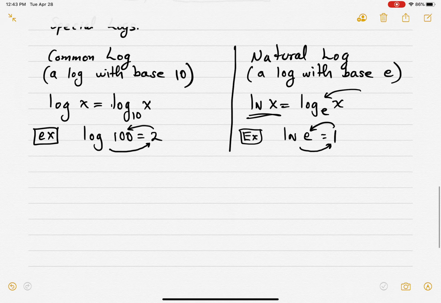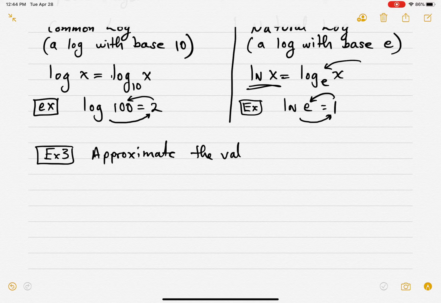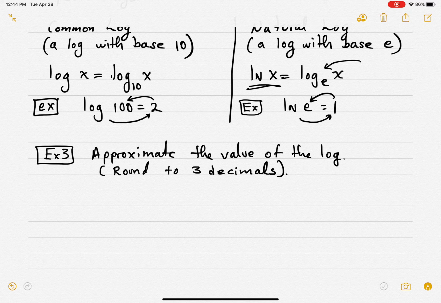Now, if we need to evaluate or approximate, I believe this is example 3. Let's go ahead and approximate the value of the log. We're going to round to 3 decimals, okay? So let's see, what is the log base 2 of 80?